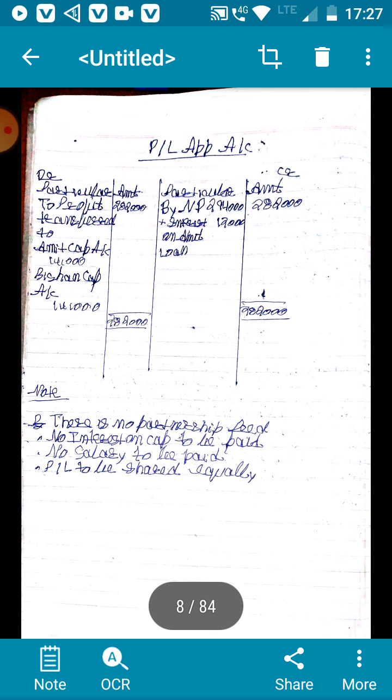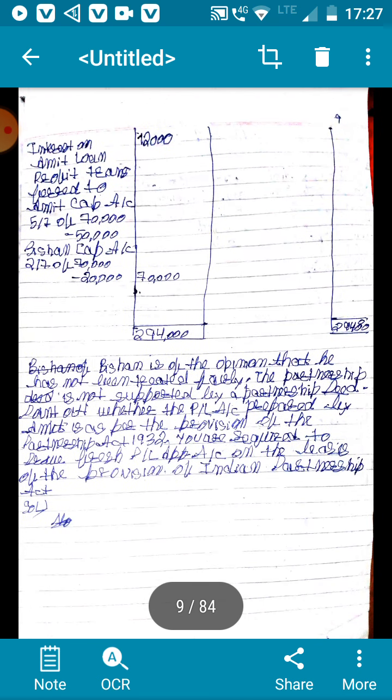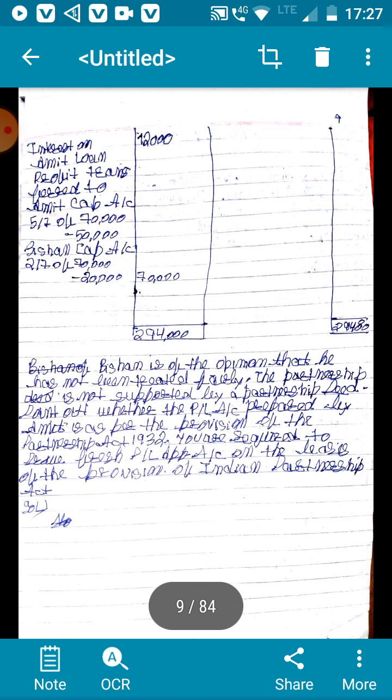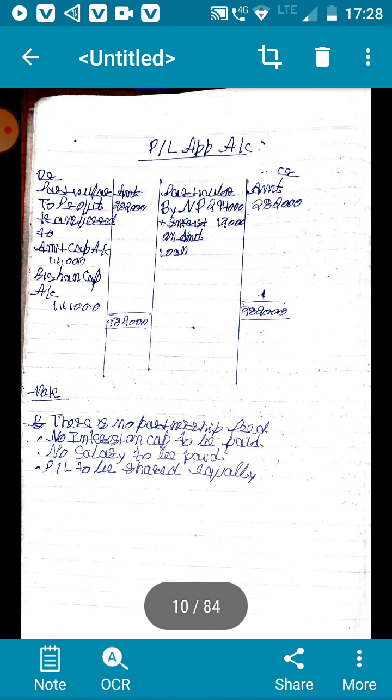The full profit we are left with is 2,82,000, because we took the net profit of 2,94,000 and deducted the interest on partner's loan of 12,000, reaching 2,82,000, which is the net profit relating to the profit and loss appropriation account.